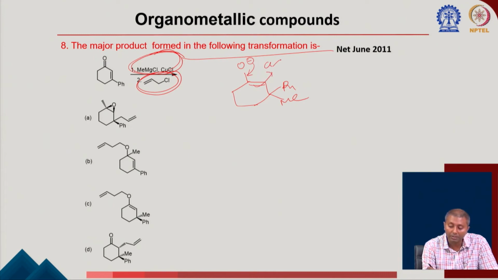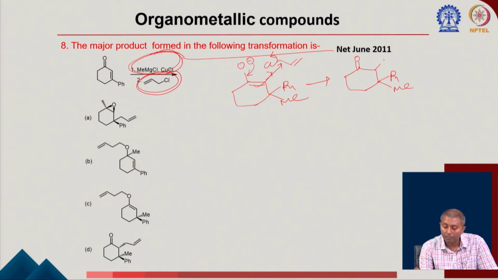So Cl, CH2, and this can attack here, get rid of Cl to get to a product like this. If you look into all the options here, only the D option has this.